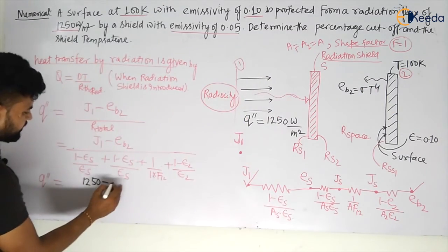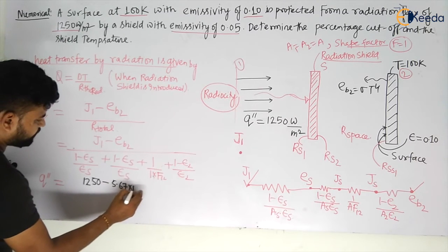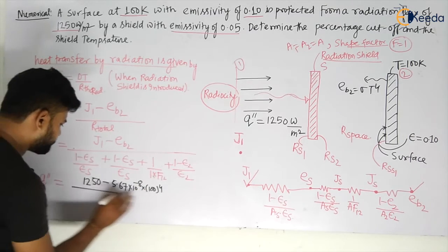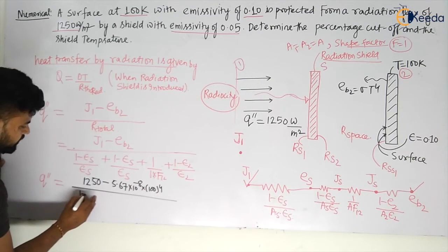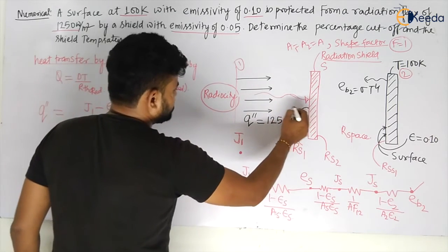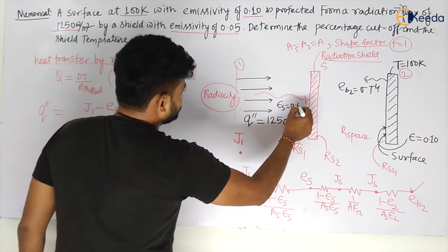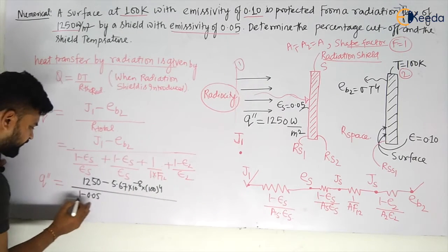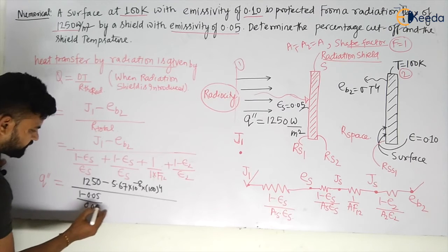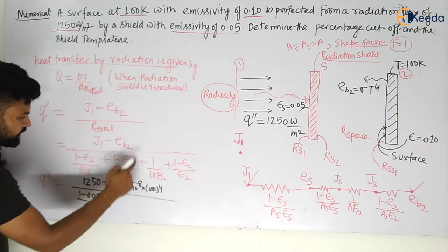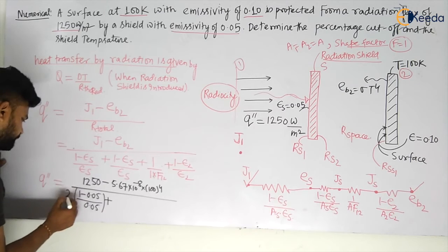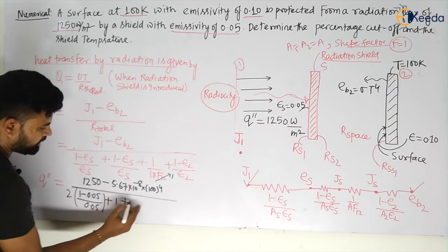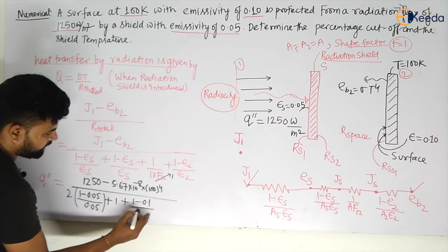This will be given by sigma, that is 5.67 into 10 to the power minus 8 into 100 to the power 4, divided by 1 minus ES over ES, the emissivity of the shield surface, which is given to be 0.05, so 1 minus 0.05 divided by 0.05, plus, so this is also the same, so let us multiply by 2, plus 1, because shape factor we have taken 1, my dear students, plus 1 minus 0.1 divided by 0.1.